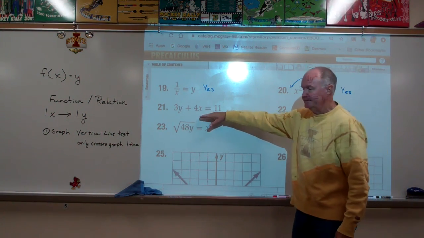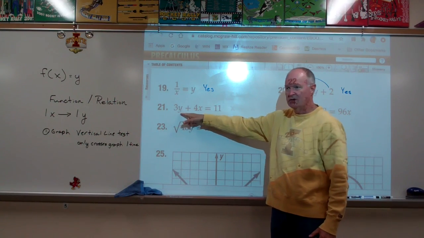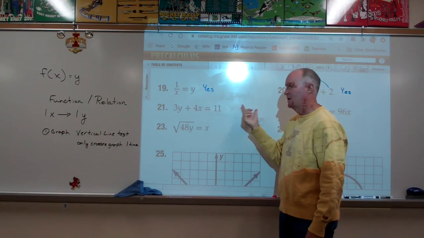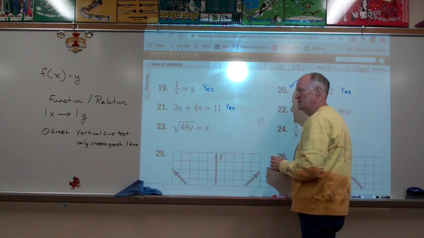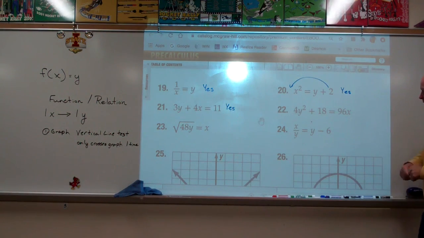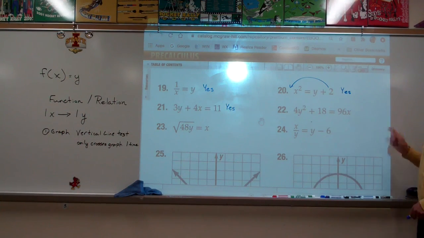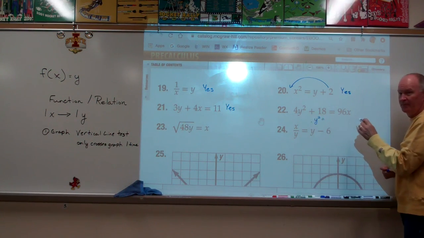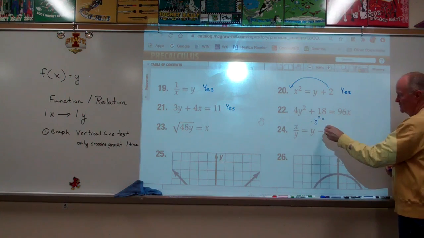So number 21. Can I get this into y equals? I can move that over and divide by 3, and it's y equals only x's. So this is also a yes, it's a function. 20 also. Can I get this into y equals? I can, but it would end up being y squared, right? And then to get it into y equals, I would have to take the square root of both sides.